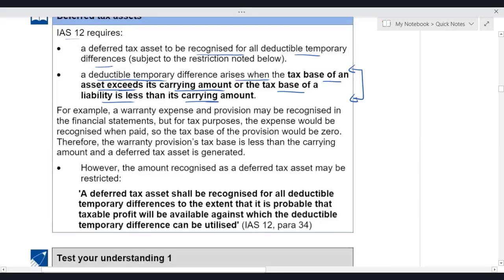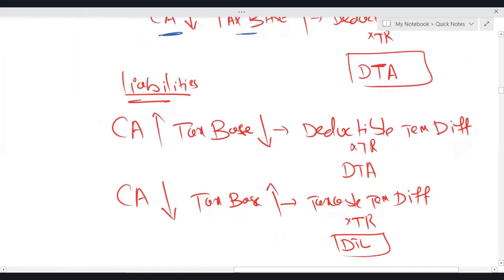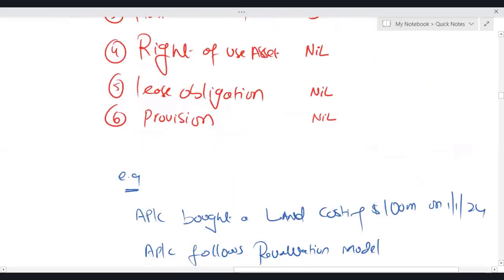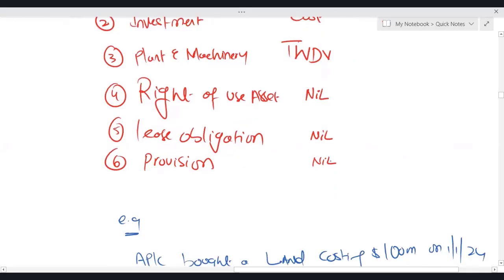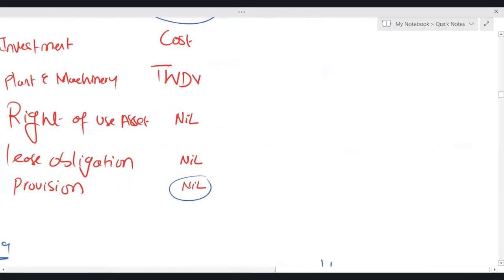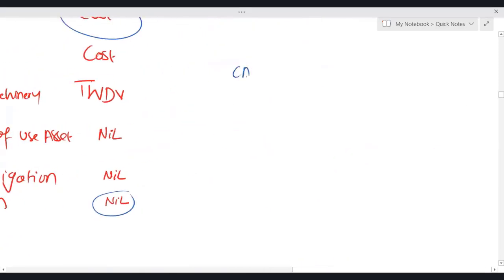For example, a warranty expense provision will always result in a deductible temporary difference. Why? Let me show you. Look at this. The tax base of a provision will always be 0. Carrying amount, tax base, temporary difference.